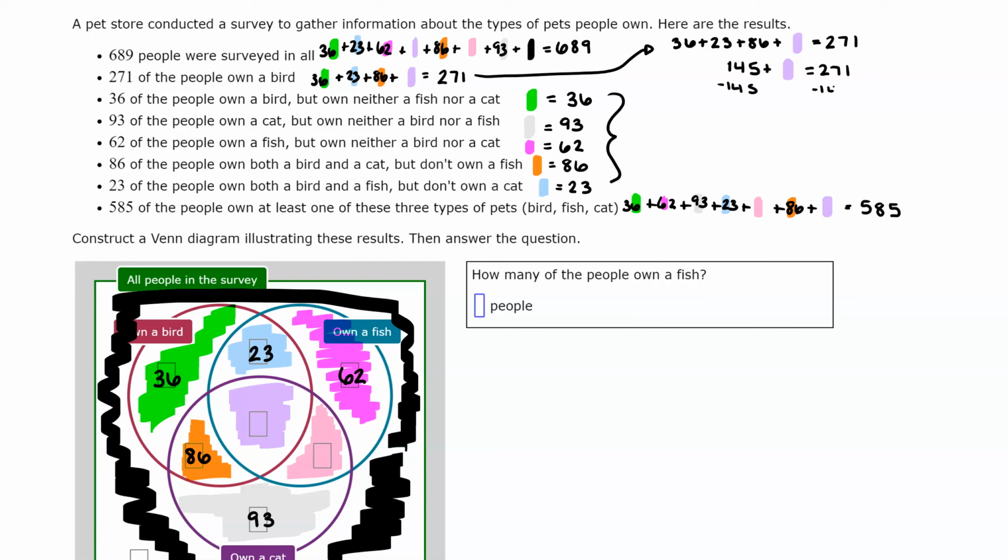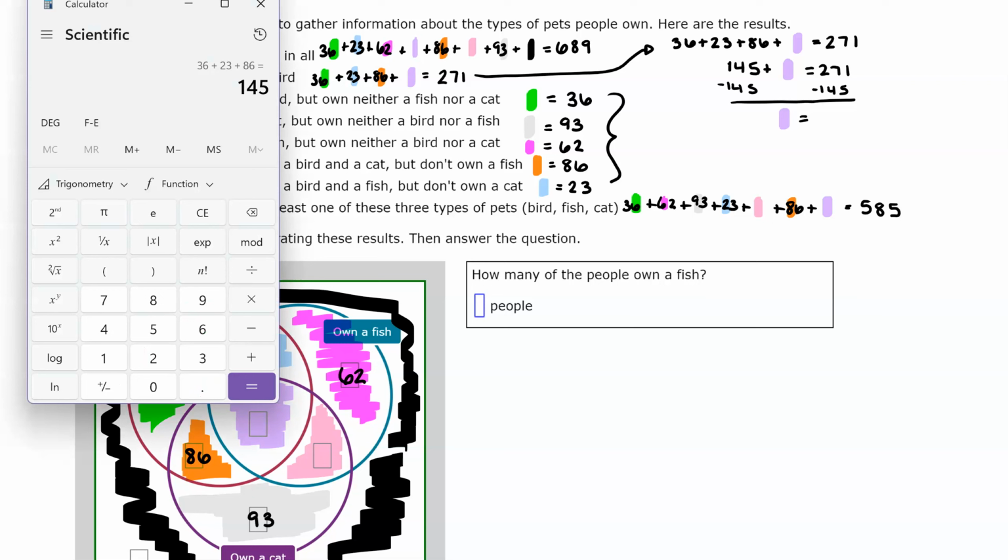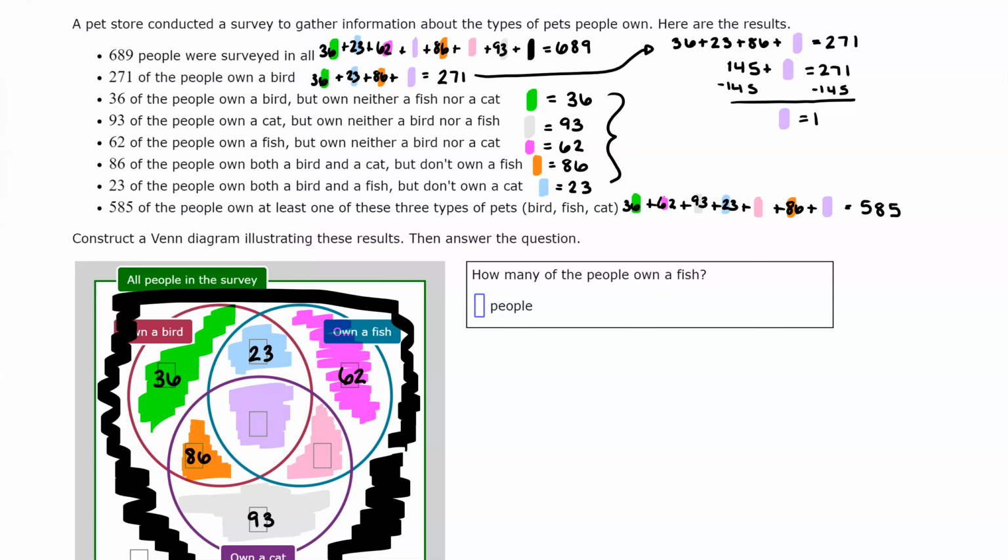So sometimes the numbers are small and you're like, oh, it's a 2. But these numbers are kind of big, so I'm going to go through the math. And I get purple equals 271 minus 145 makes 126. So the purple room has 126 people in it.